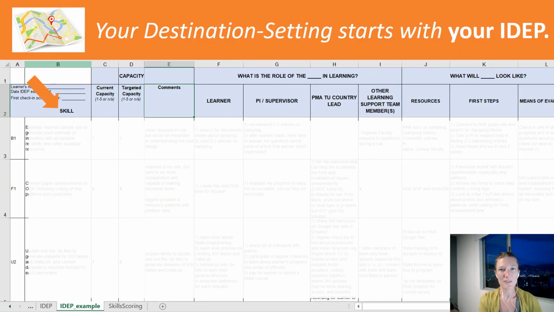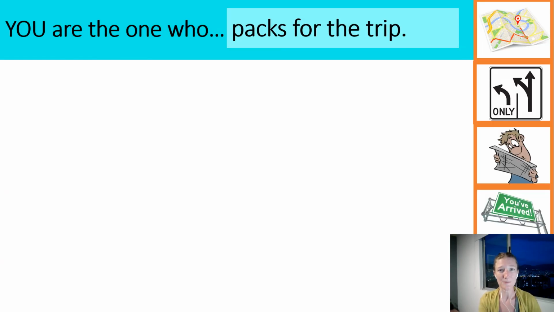And in fact, your destination setting starts with your IDEP. With your IDEP, you're identifying and setting clear, specific, and attainable goals. You're not trying to master an entire huge skill set, but you are trying to drill down into the skills that will be most useful for you in your job at this moment.